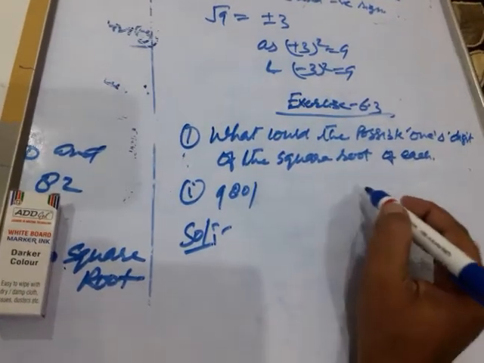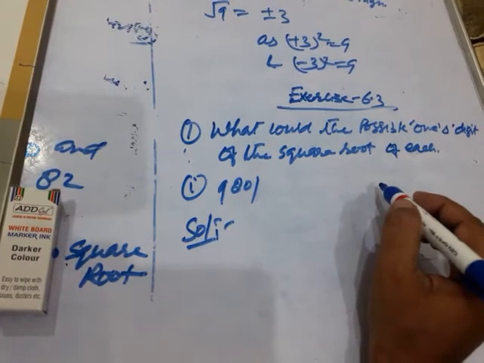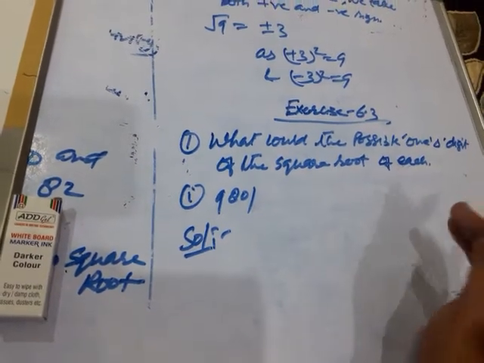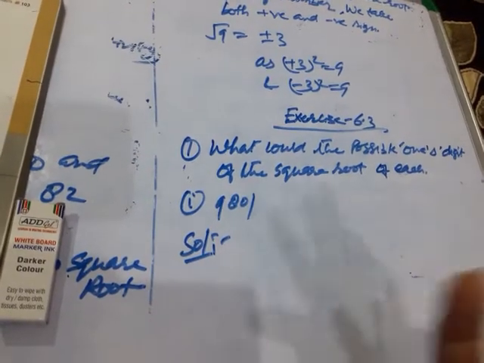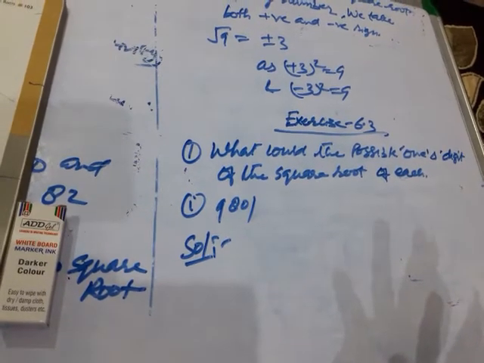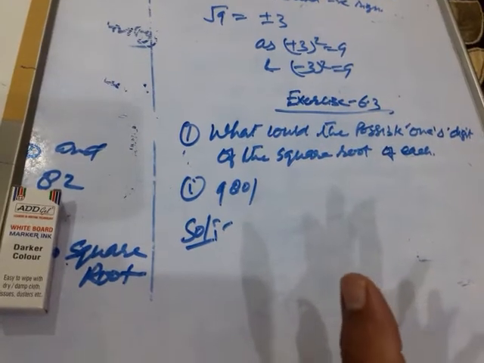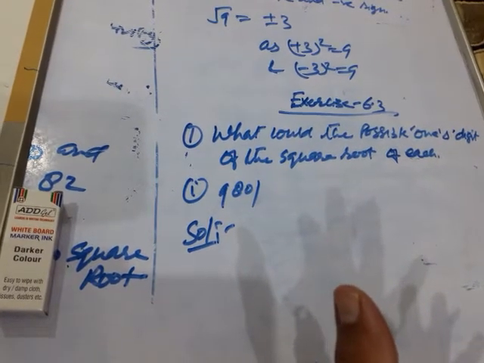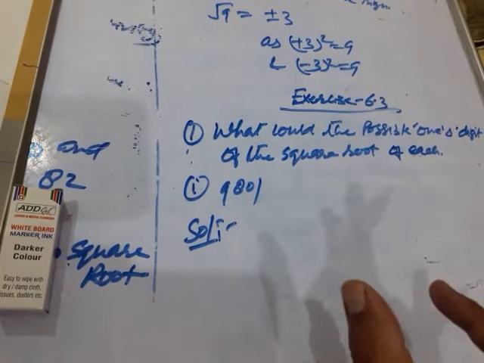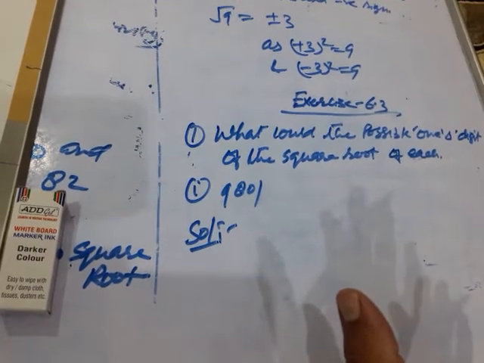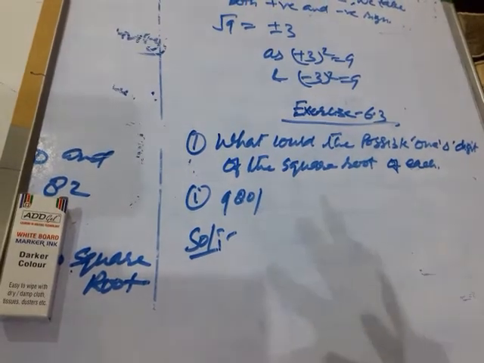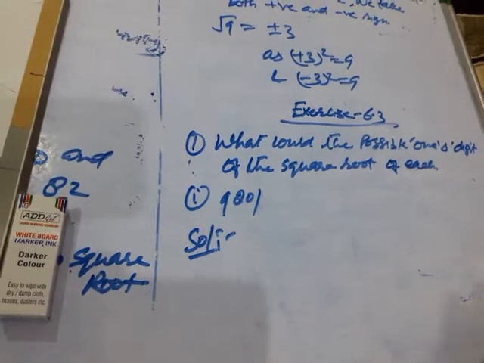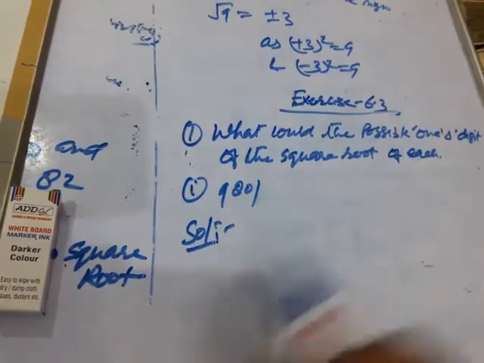Means I want to say that clear, if a number is ending with either 1 or 9, then its square will be ending with 1. Did you all understand? If a number is ending with 1 or 9, ending with means digit at one's place is 1 or 9, then its square will end with 1. That is sure.